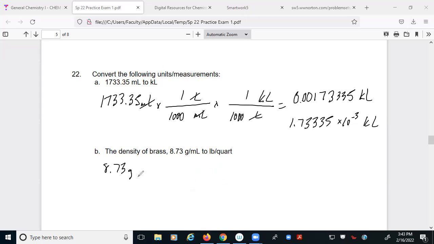So I have 8.73 grams. My conversion table here says that there are 454 grams in every pound.